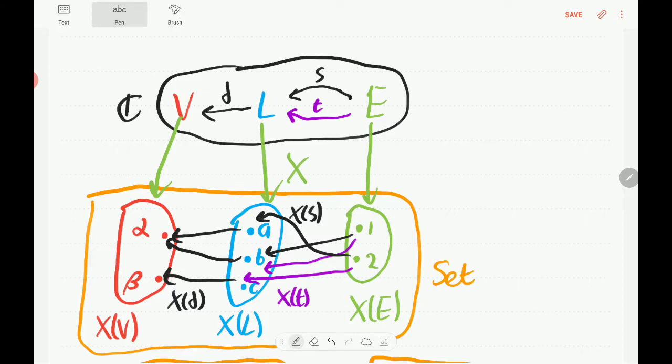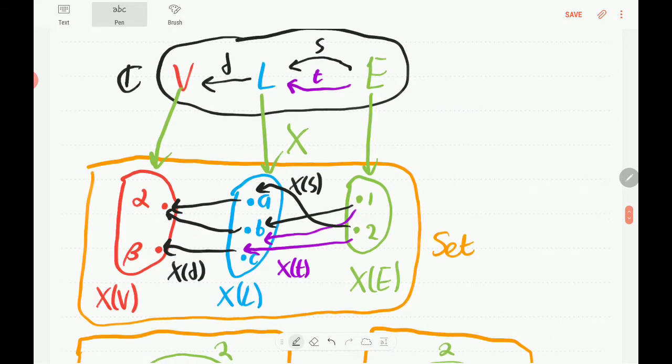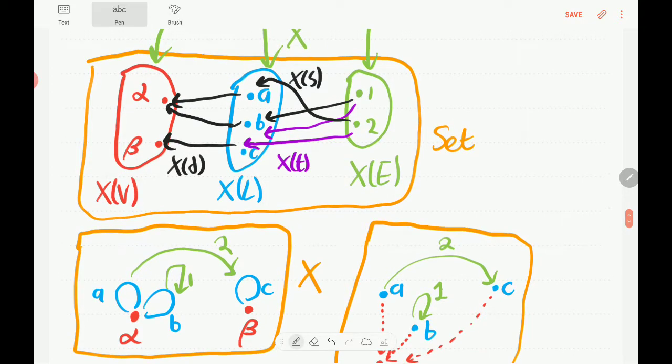One way: if you look at this structure on the left, we could think of X of E as a set of edges, and then there's this black function here, X of S, which associates every edge with a source vertex, and then there's this function X of T, which associates every edge with a target.